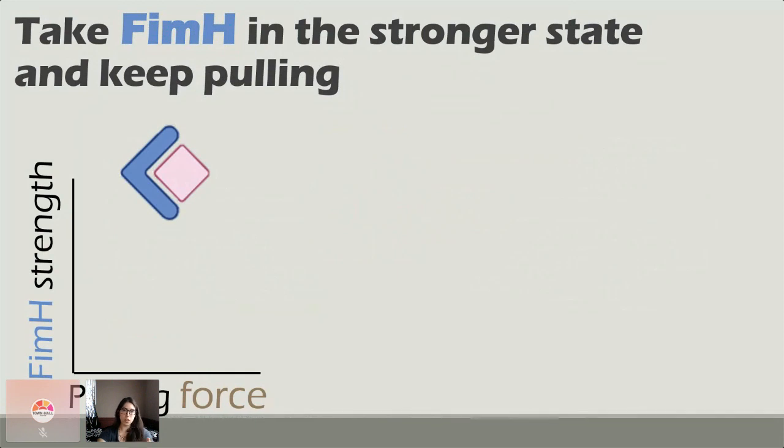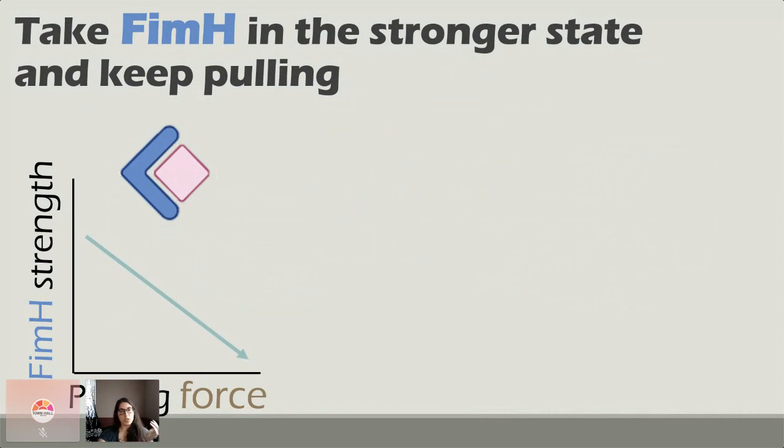And so based on how it behaves, the strength of FimH, we can draw some conclusions about the shapes that FimH is taking on. Let's say, for example, FimH doesn't change shape. Once it gets into its strong shape, it stays in its strong shape. So then we would expect that the strength of FimH would decrease as we pull on it with more and more force.